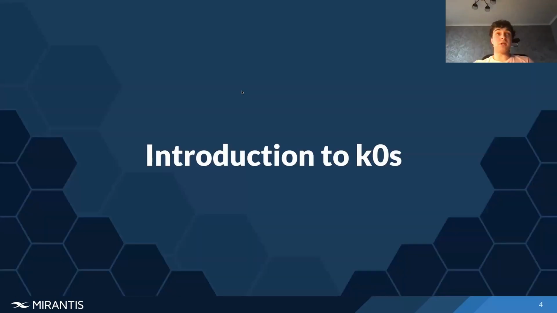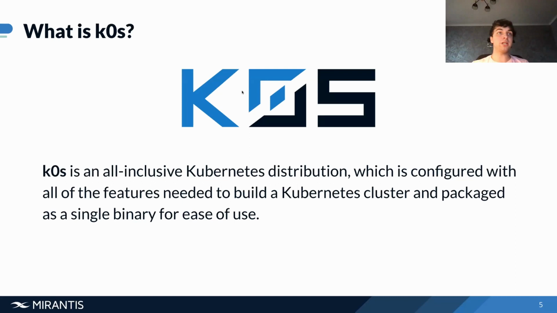So let's talk about k0s, what it is essentially. k0s is a Kubernetes distribution. It is a simple, solid, certified distribution that works on any infrastructure. It could be bare metal, on premises. It could be edge, which we will talk about in a bit.